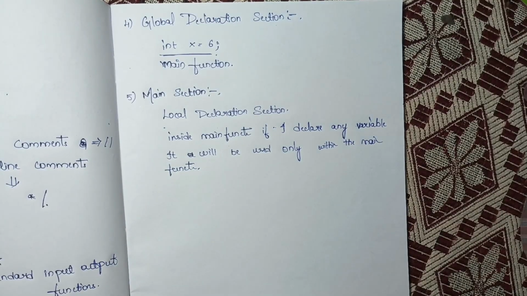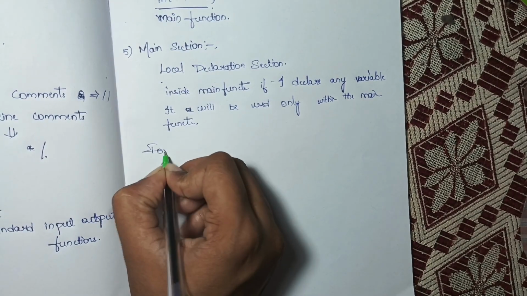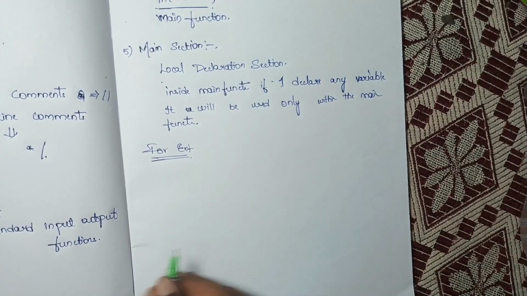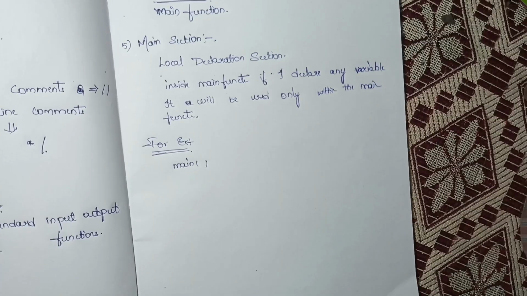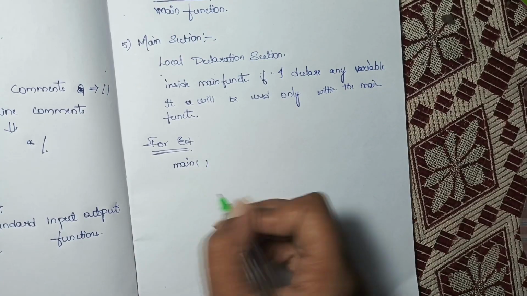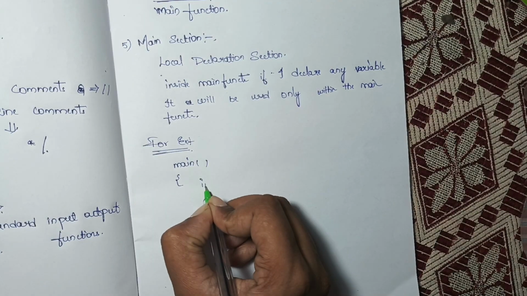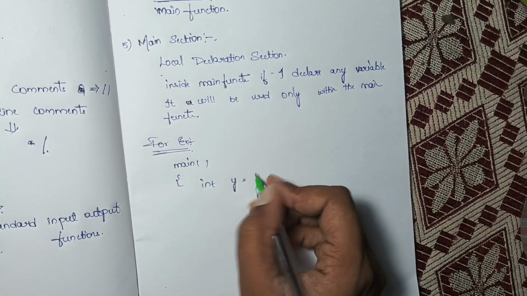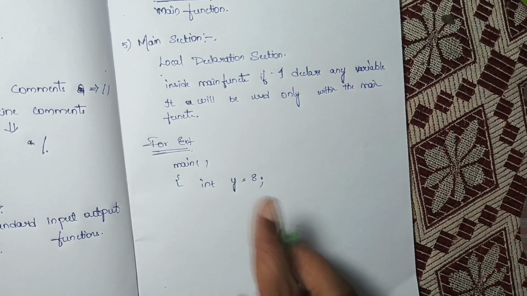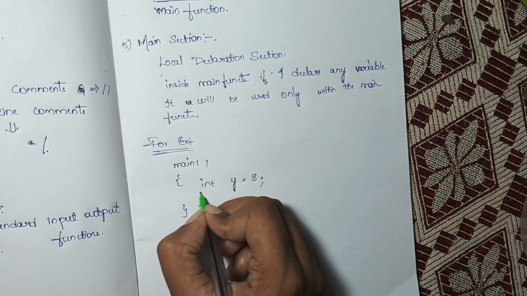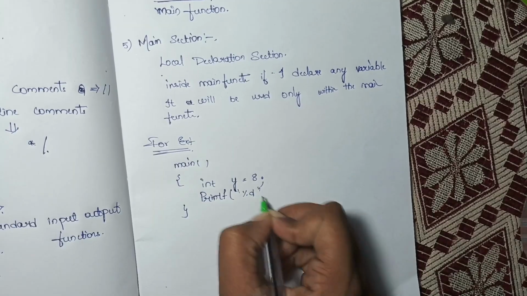Let me explain you a bit more clearly. For example, I'm inside a main function. Now I'm declaring a variable called, for example, y, with value 8. And I'm using a print statement, printf %d y.